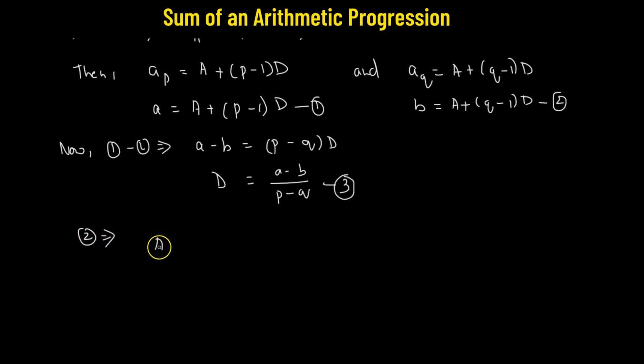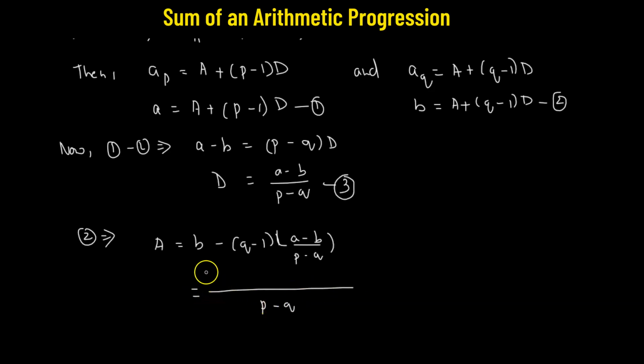From equation 2, the value of A will simply be b minus q minus 1 times D, and D can be replaced with a minus b divided by p minus q. We have a common denominator of p minus q, and in the numerator we have b multiplied by p minus q, which is bp minus bq. Then we multiply q minus 1 with a minus b, so we have minus qa plus qb, then plus a minus b.